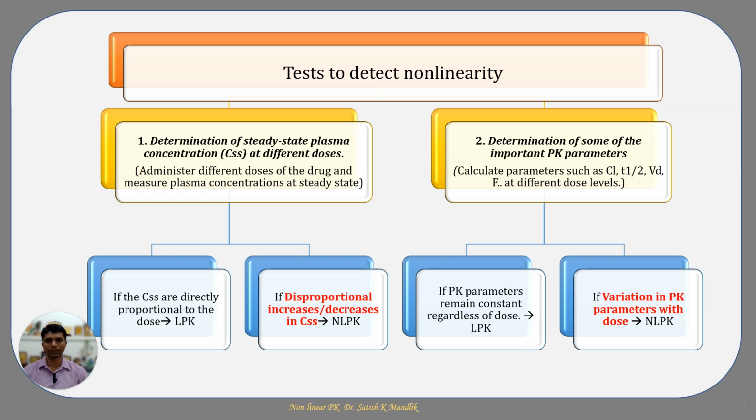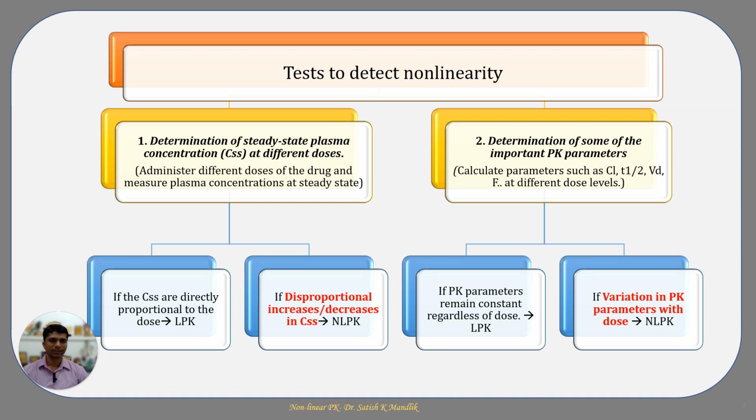The drug is administered at different doses, and we need to measure the plasma concentration at steady state. If that steady state concentration is directly proportional to the dose, there is linear pharmacokinetics. But if that steady state concentration is disproportional, meaning it increases or decreases, then that shows non-linear pharmacokinetics.